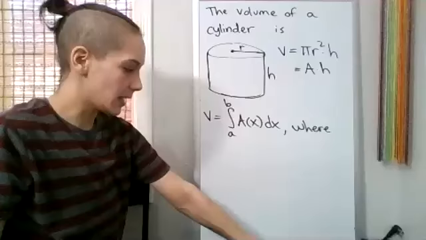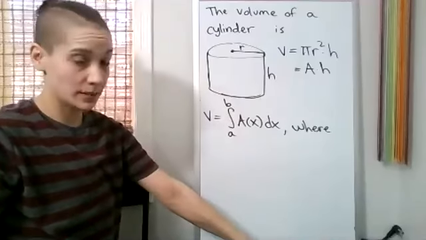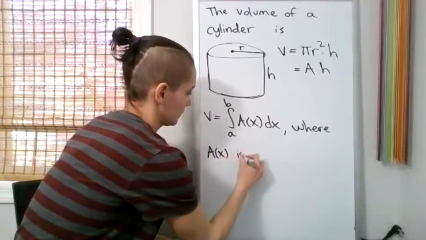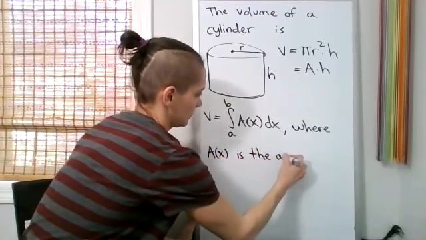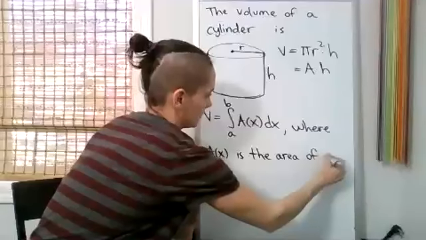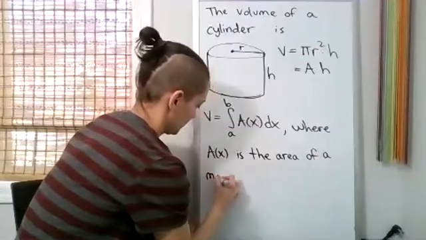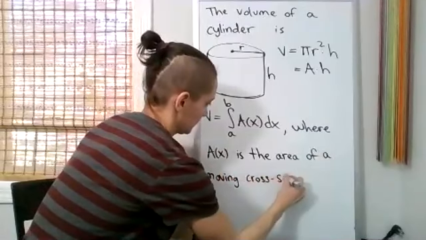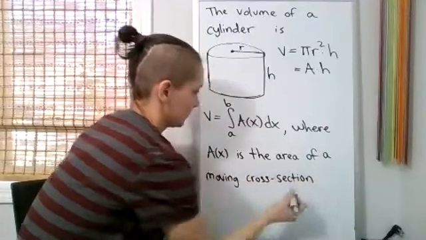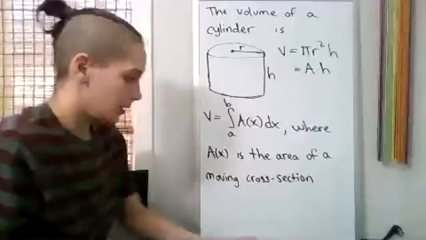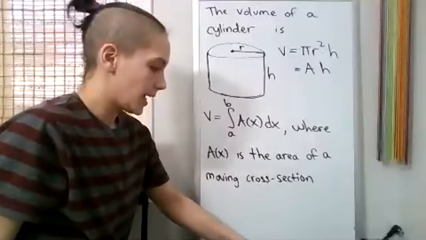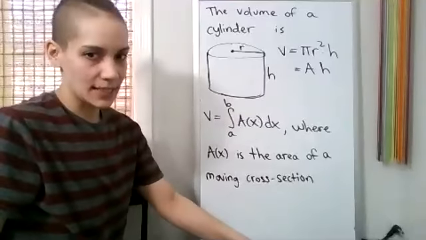A of x is the area of a moving cross section, obtained by slicing through x and perpendicular to the x-axis.